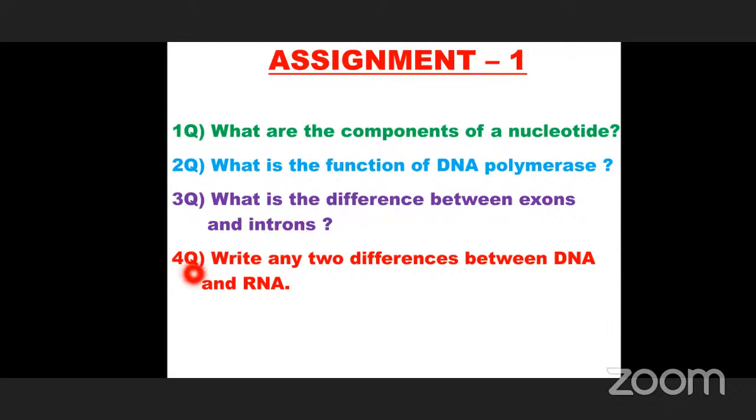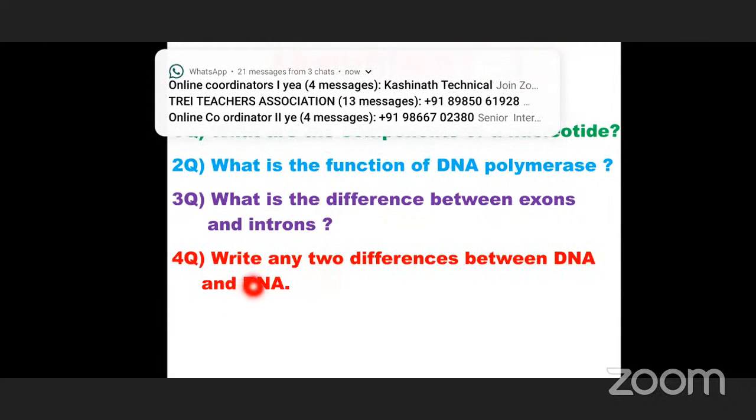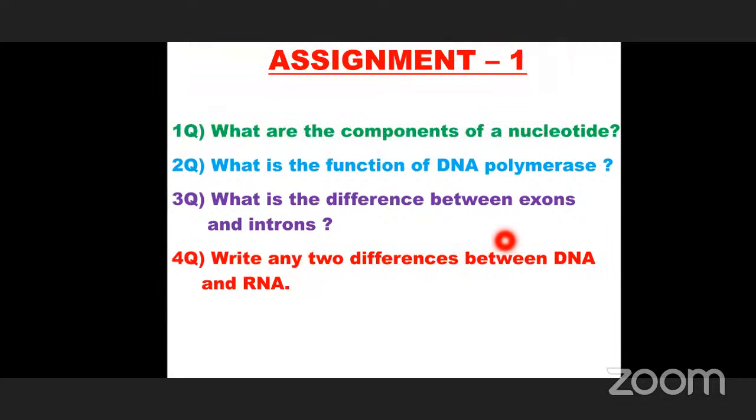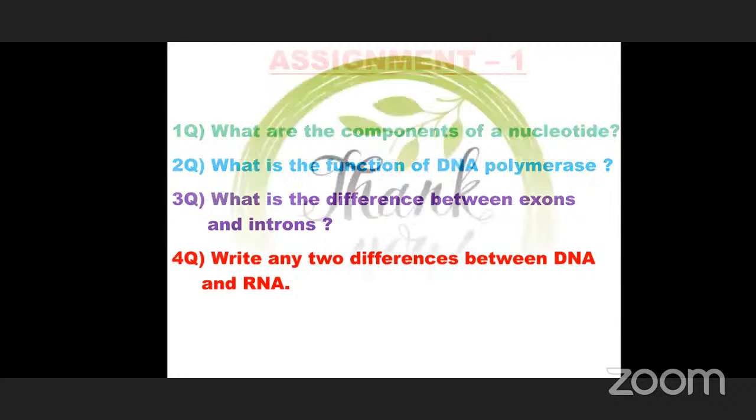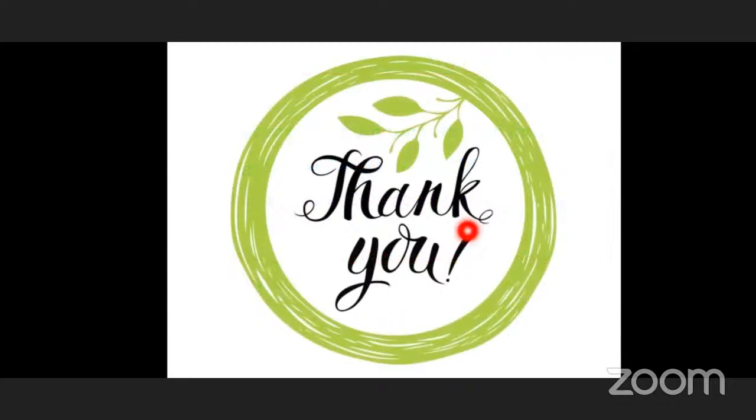The fourth question is, write any two differences between DNA and RNA. All the students complete this assignment and send it to your concerned JLs. Okay, thank you. Today's session is completed.